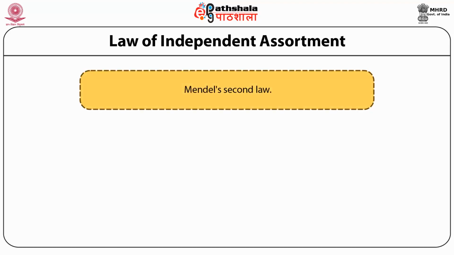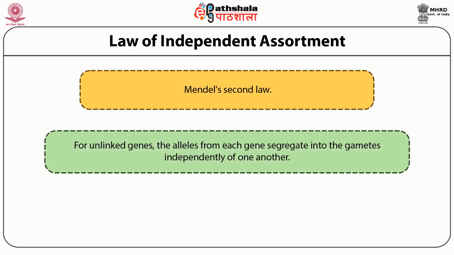This is a second law given by Gregor John Mendel and known as the law of independent assortment. For unlinked genes, the alleles from each gene segregate into the gametes independently of one another.